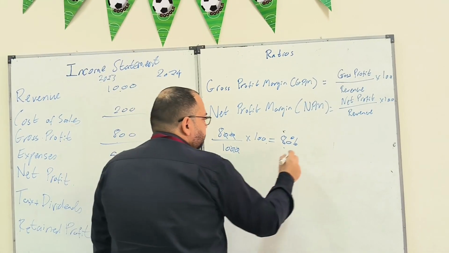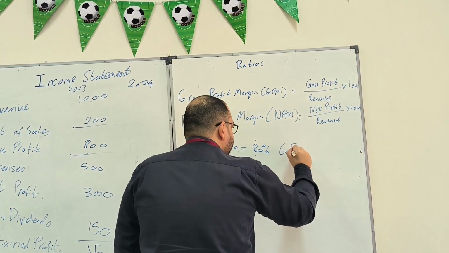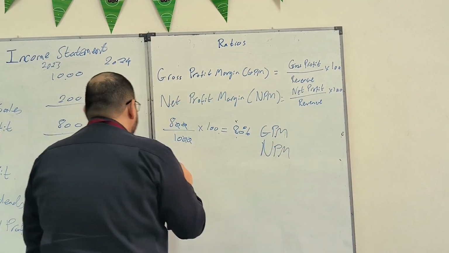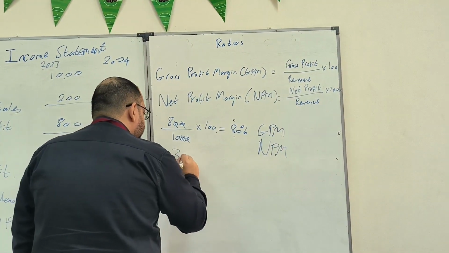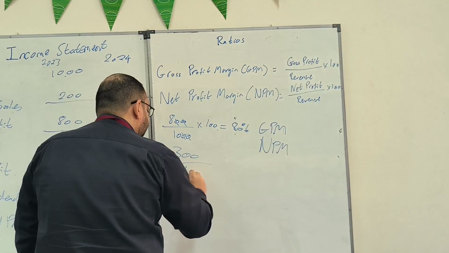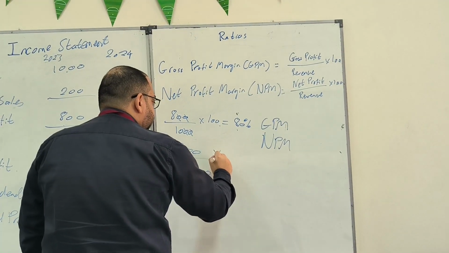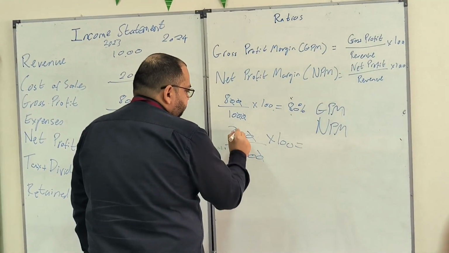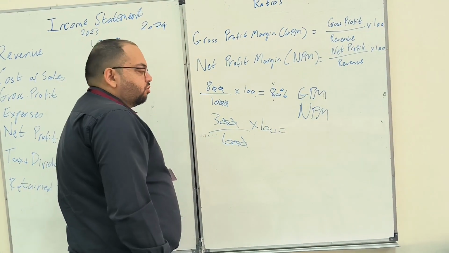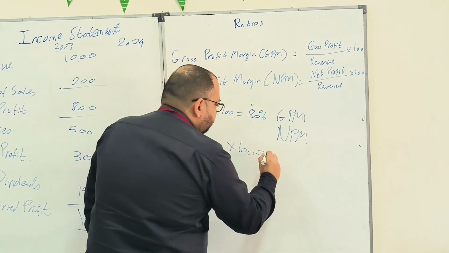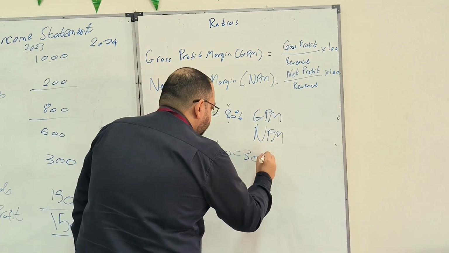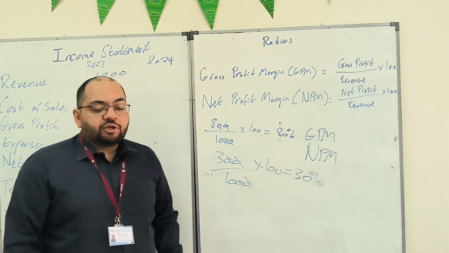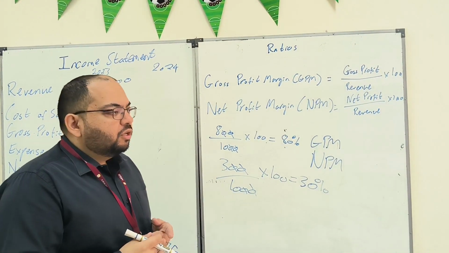Let's now do NPM, which is 300 divided by 1,000 times 100. Same thing. 3 out of 10 is 0.3. 0.3 times 100 is 30%. So your net profit margin is 30%.